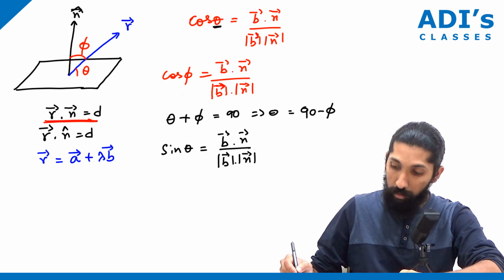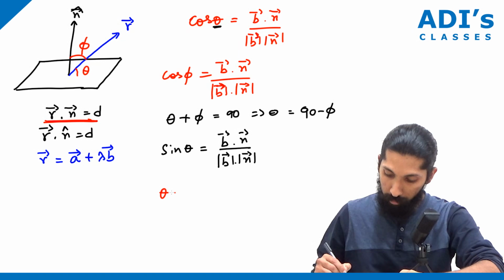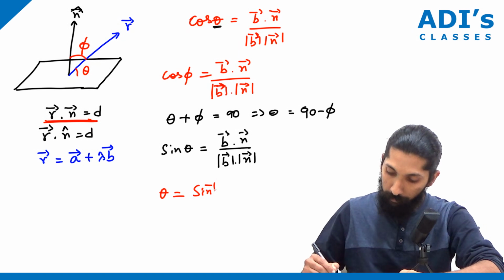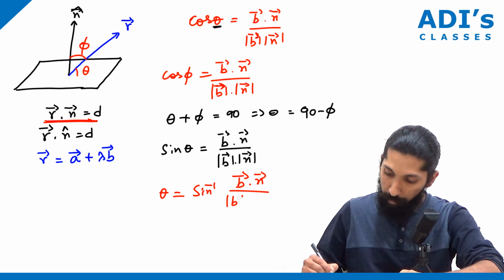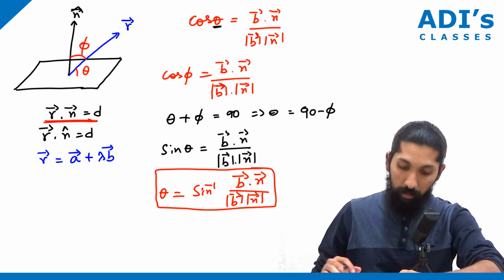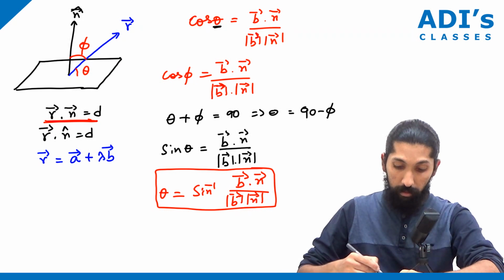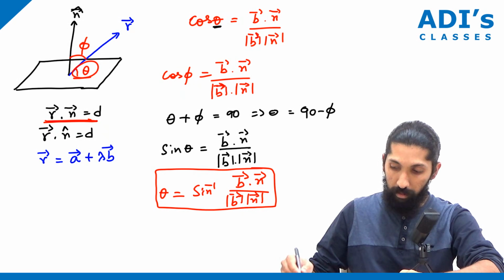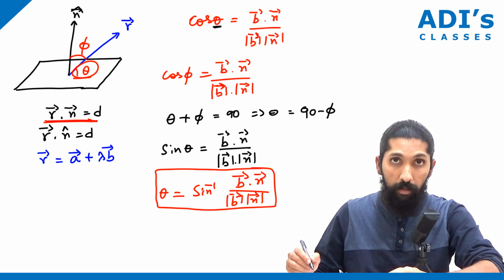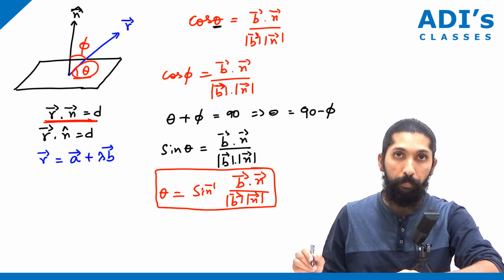So how do we find the angle then? Theta is equal to sine inverse of b dot n by mod of b into mod of n. This is going to give us the angle between the line and the plane. Theta is the angle between the plane and the line, and that can be calculated with the help of this particular formula. Fair enough?